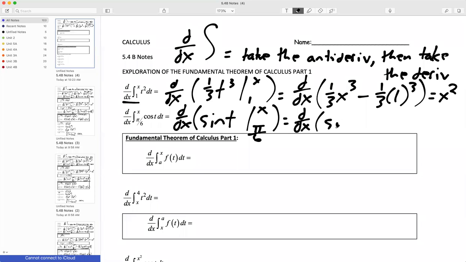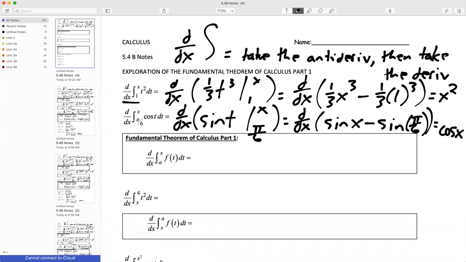So I have sine of x minus sine of pi over 6. And I'm going to take the derivative. Derivative of sine of x is cosine of x. Derivative of negative sine of pi over 6 is 0, because it's a constant.